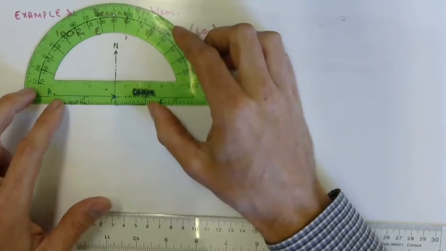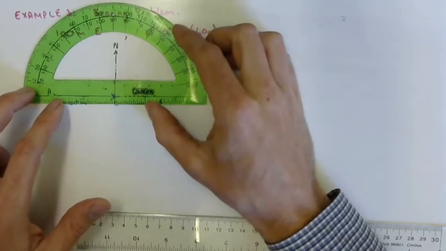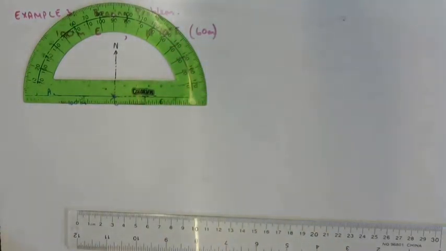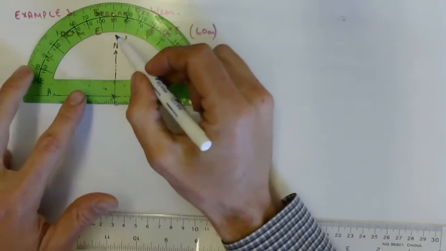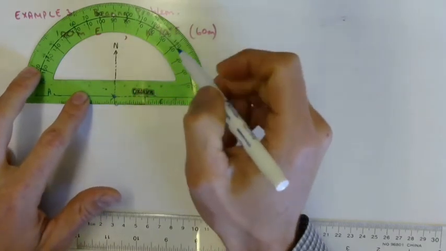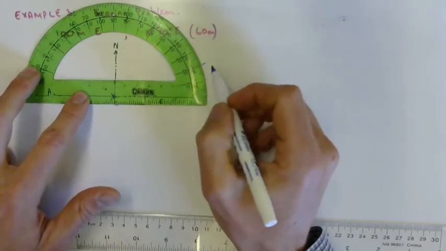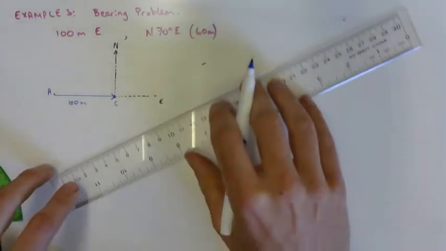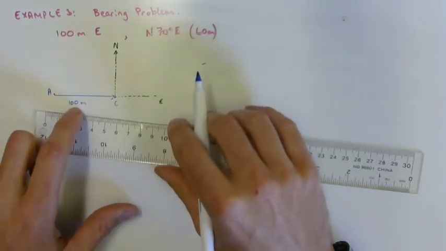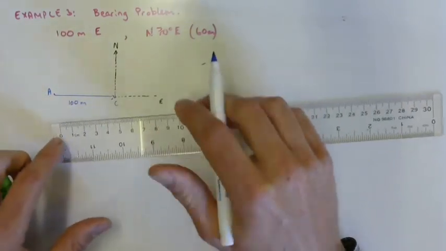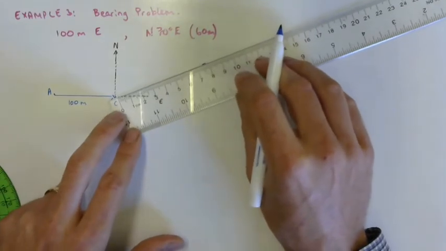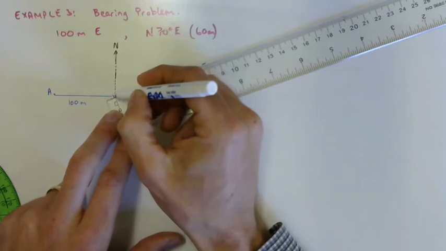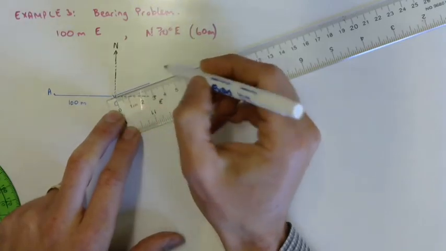So I'm going to put this along the normal there, along the horizontal. North should be 90 degrees. My diagram's not perfect, but it's fairly close. And from north, 70 degrees toward east would get me to 20 degrees looking this way. And where this 100 meters translated into 5 centimeters, 60 meters then is going to translate into 3 centimeters. So there's my mark, there's my line, and there's 3 centimeters.